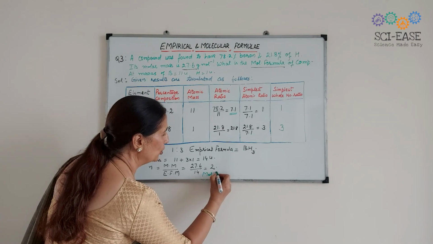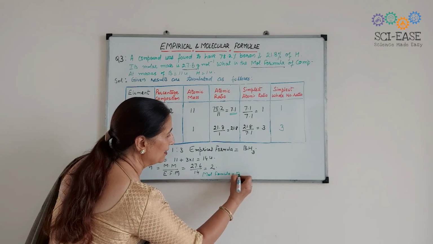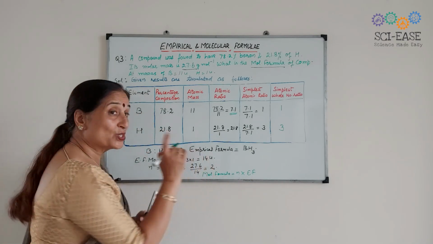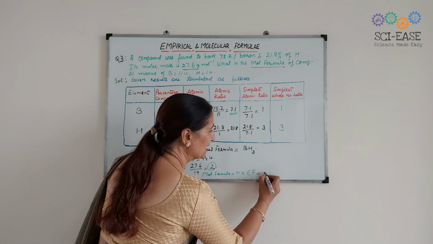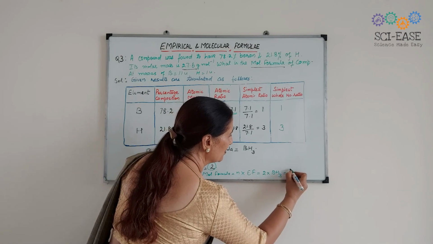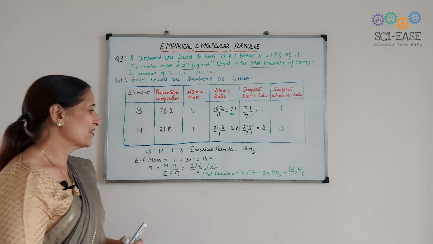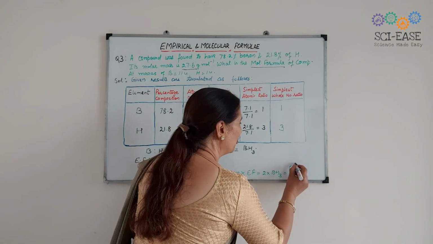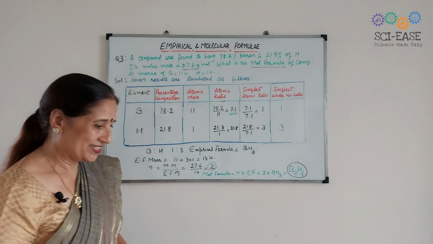So molecular formula, that is equal to N into empirical formula. So here N is not 1, it is equal to 2. So we will write here 2 multiplied by BH3 and the answer is B2H6. So this is B2H6, that is the molecular formula of the compound. This we are to calculate.